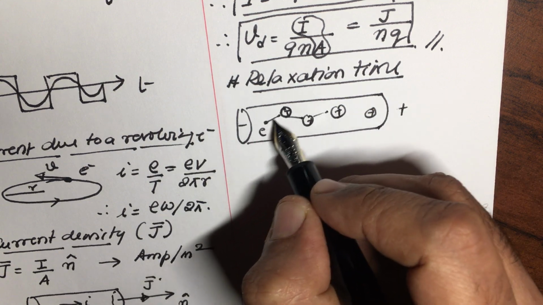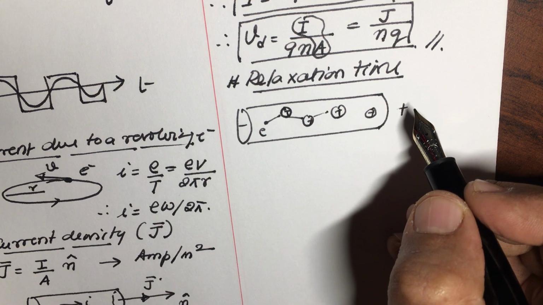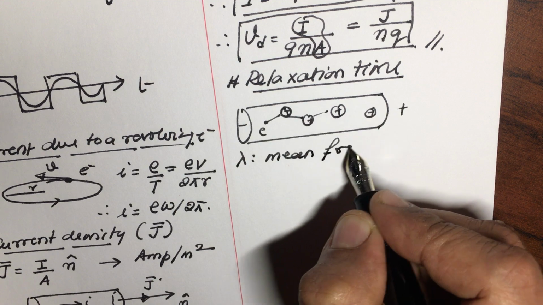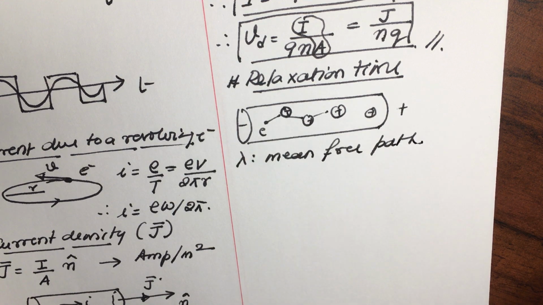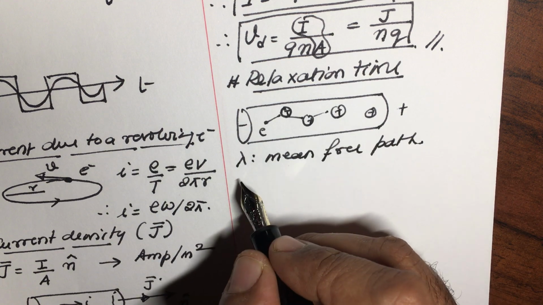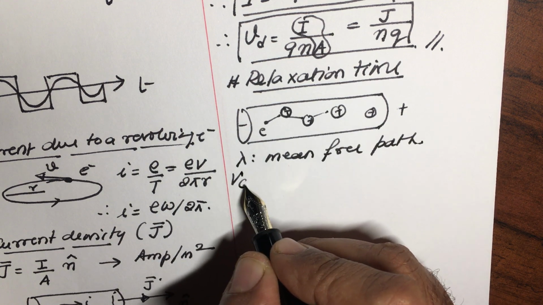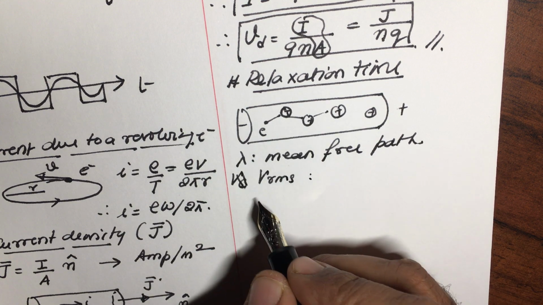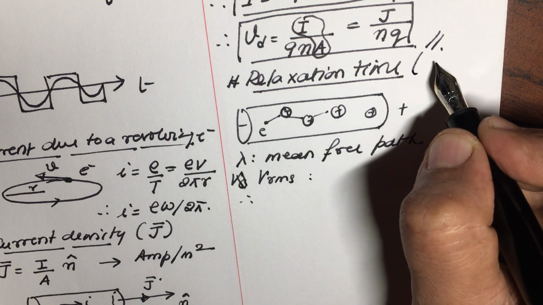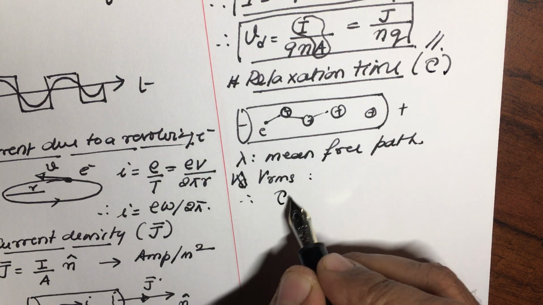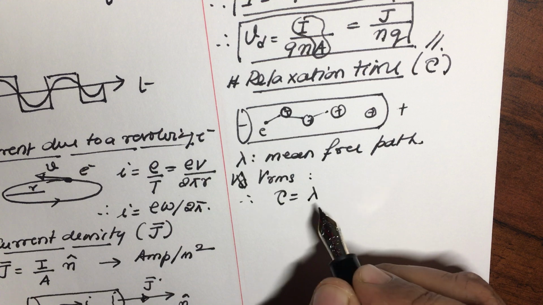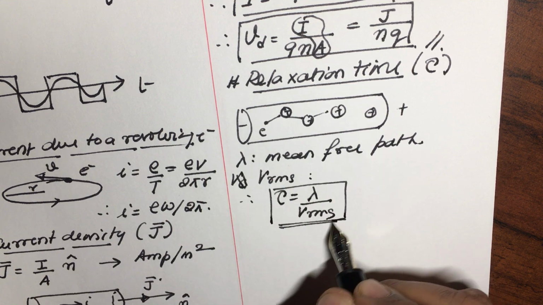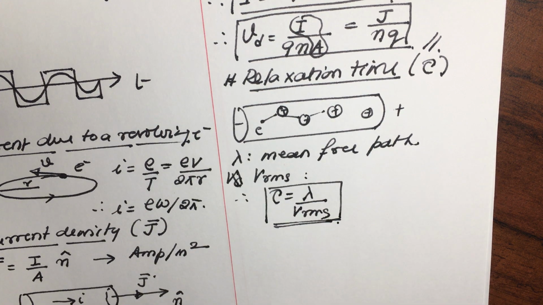The average distance between any two collisions is known as the mean free path. So lambda you define as the mean free path, and the speed with which they are moving, we will write as Vrms. That is the average speed. So you define the relaxation time as tau. Tau would be the distance upon the speed. Distance is lambda, speed is Vrms. Please remember this. That is the expression for relaxation time.